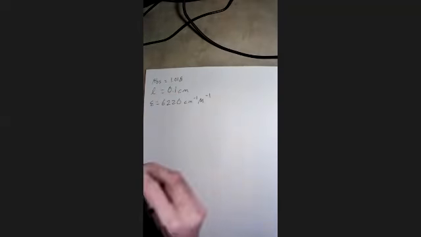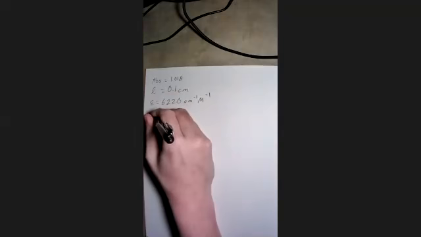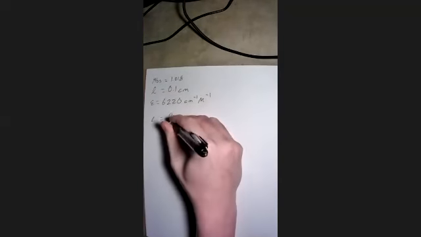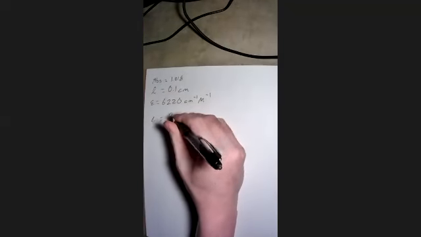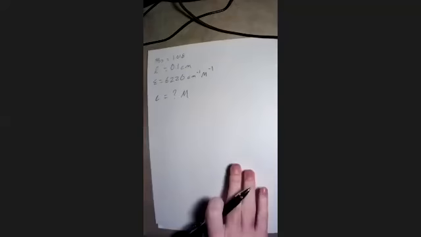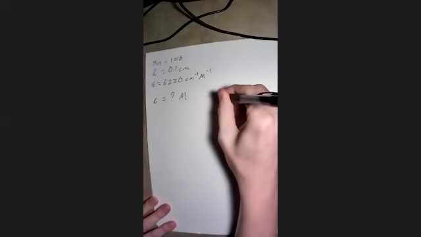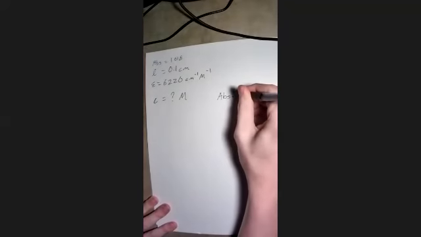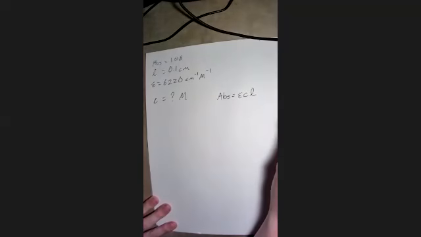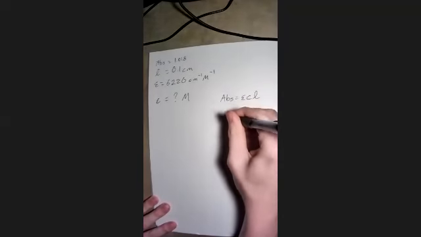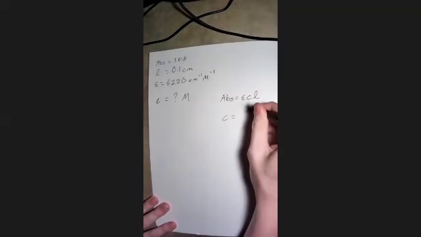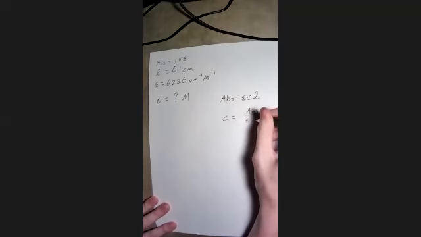We need to find the concentration in moles per liter, so molarity. All right, so absorbance is epsilon times concentration times length. So concentration is just absorbance over epsilon times length.